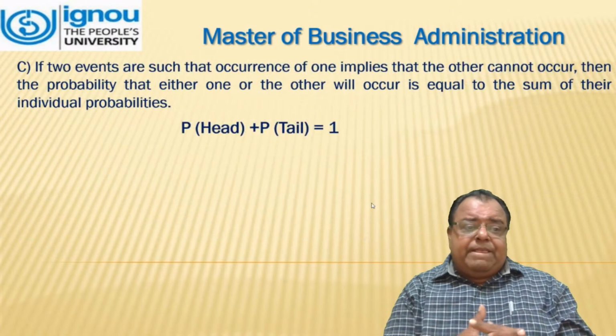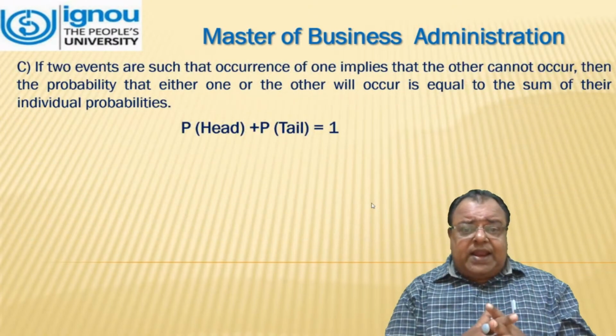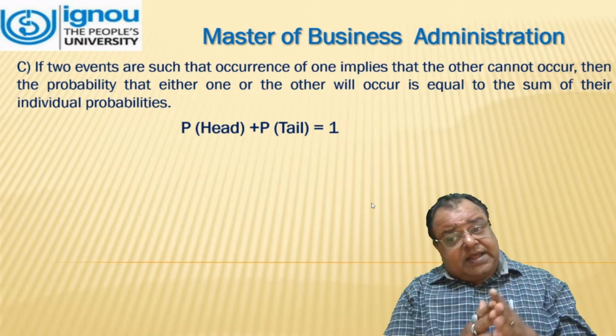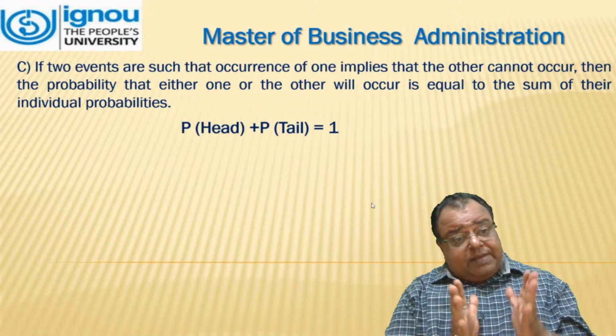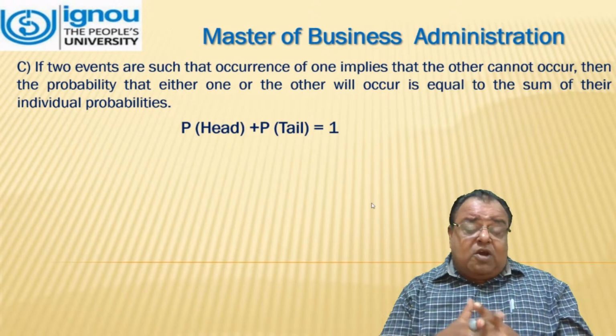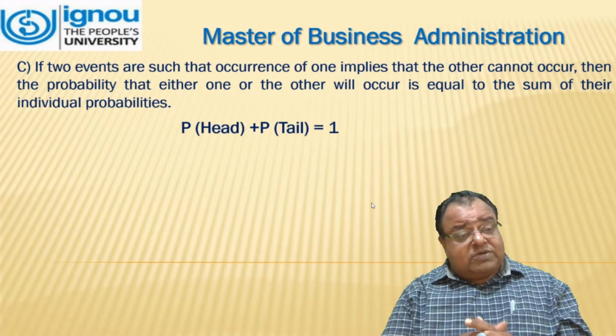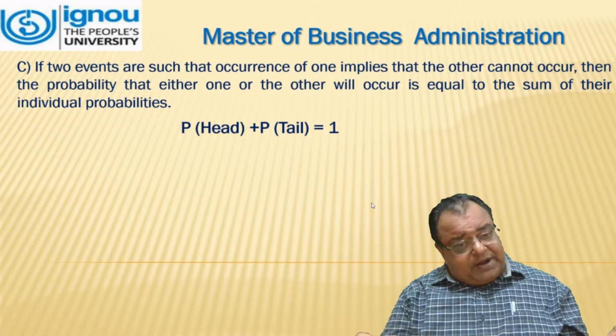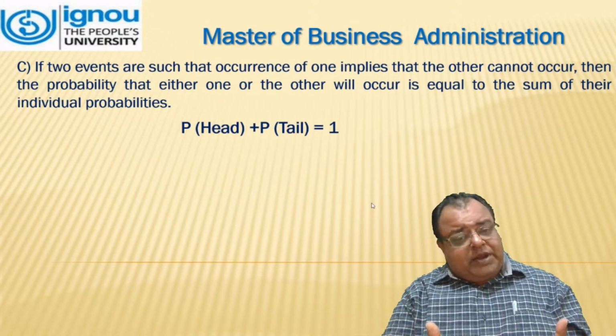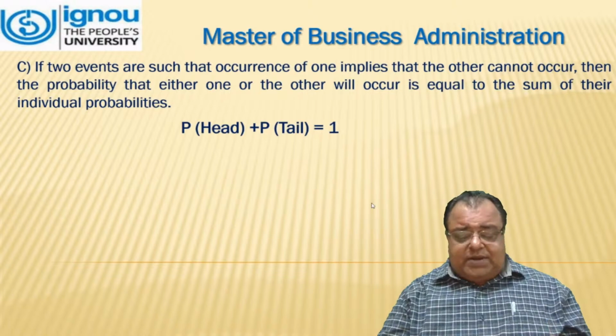If two events are such that occurrence of one implies that the other cannot occur, then the probability that either one or the other will occur is equal to the sum of their individual probabilities. What we have discussed: probability of head plus probability of tail is 1.